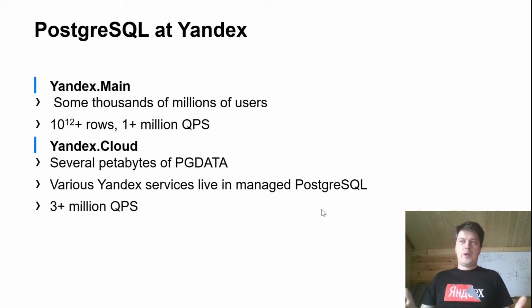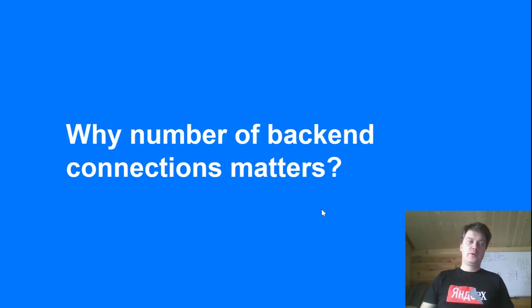So we encounter the problems of installations at scale, and one of our problems was the number of backend connections, client connections to the databases. Why does this problem need to be solved?